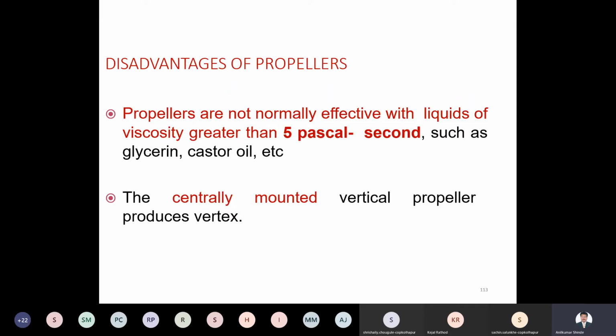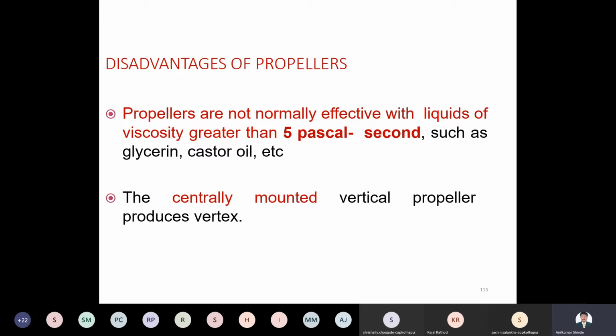Right. This is a disadvantage of the propeller: propellers are not normally effective when the liquid viscosity is greater than that. If the viscosity is more than 2 Pascal, the propeller cannot be used, and this is the disadvantage.